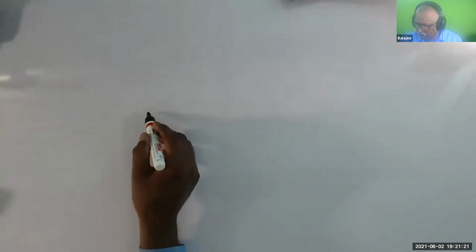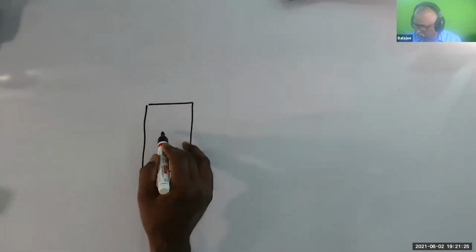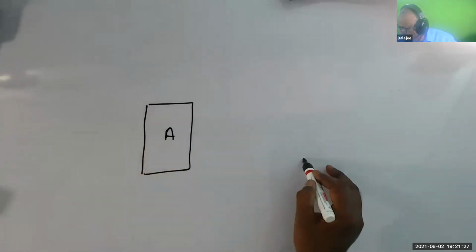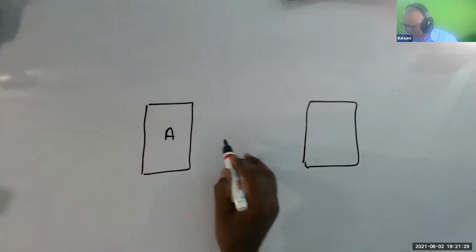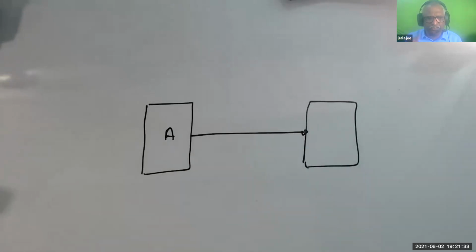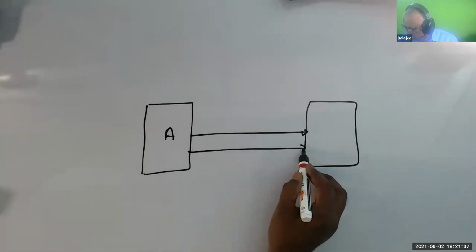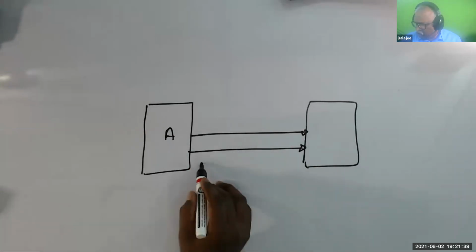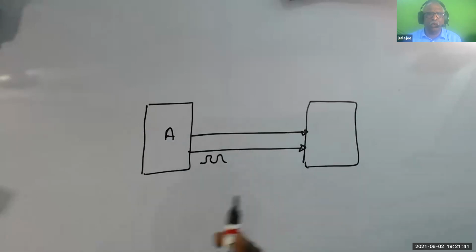Now the trick is that I have a station A and I have B. I use a wire for asynchronous, but I have a problem. So I use synchronous. It's very good. I can change the clock on one side, so there's no problem with the clock.